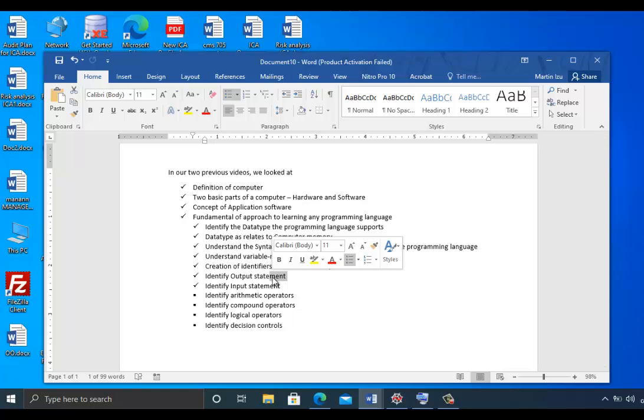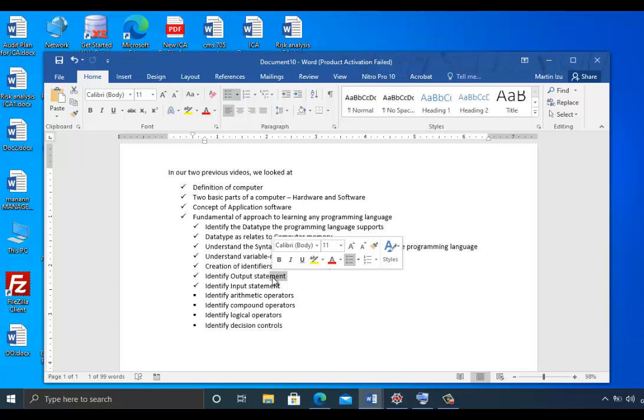We were able to identify the output statement of the programming language Python and how it is used. We also were able to establish an operator in the output statement, the comma operator, and the essence of the comma operator in the output statement.